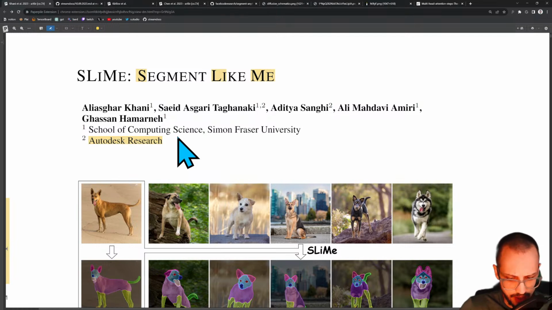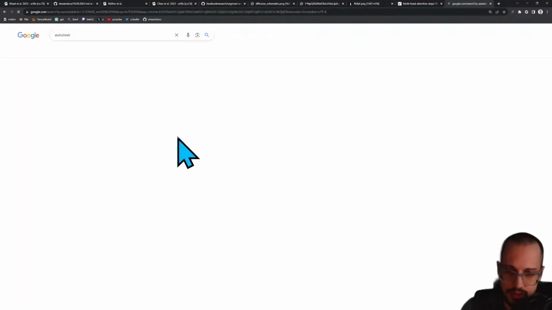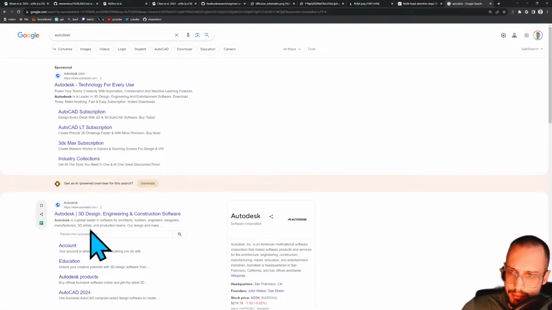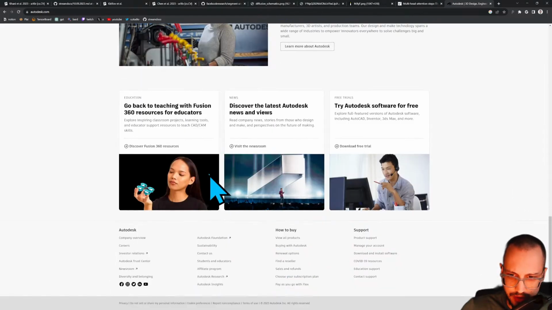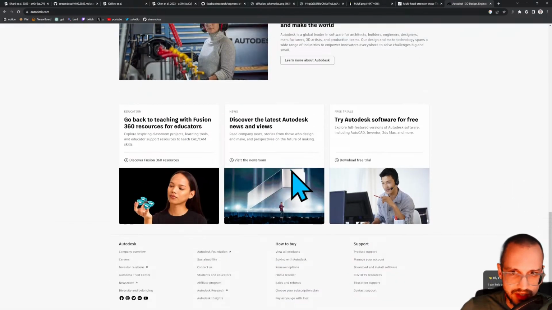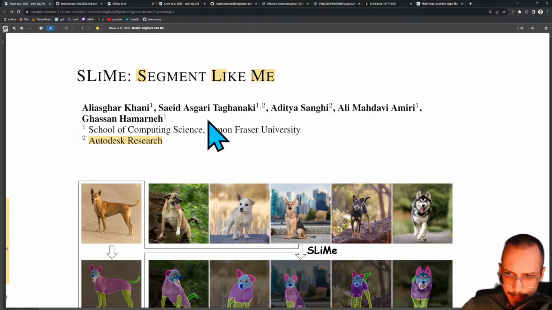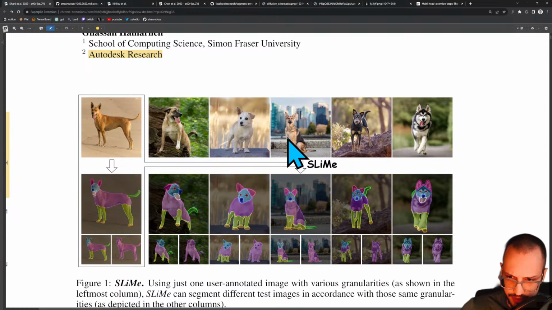So AutoCAD. I think they also do some other stuff. Let me see. But basically a lot of generic computer drafting software, I guess. I don't know. But I guess they have a kind of a research group within them, and then this paper comes from that.